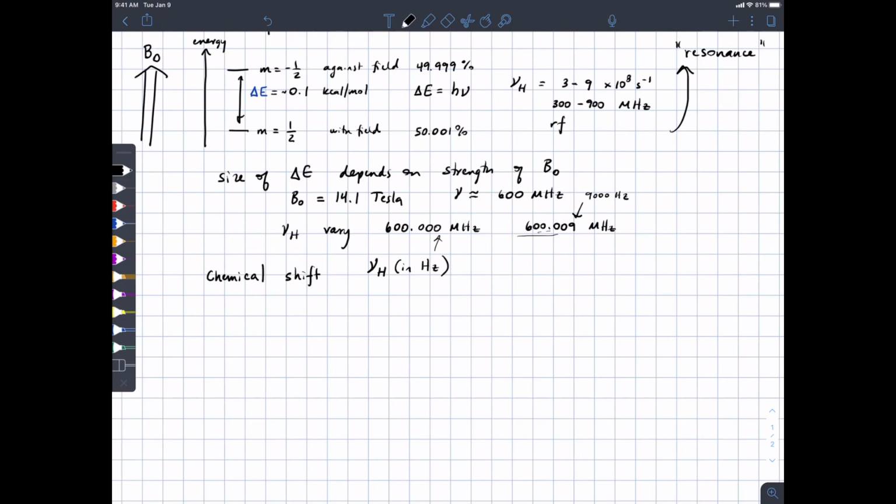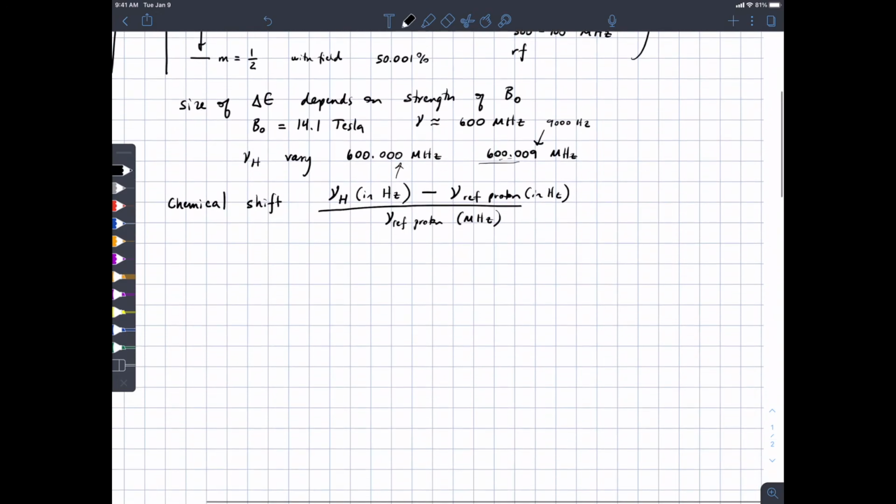Then we'll subtract the frequency of a reference proton, also in hertz, and then we're going to divide that by the frequency of your reference proton, but this time in megahertz. Why would you do that? Well, let's just do some math, but not actually worry about the math.